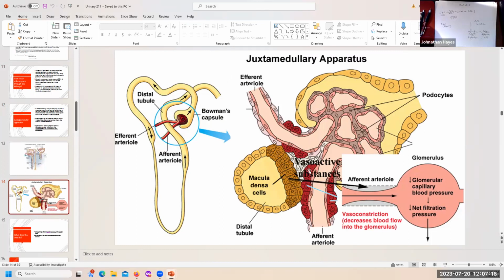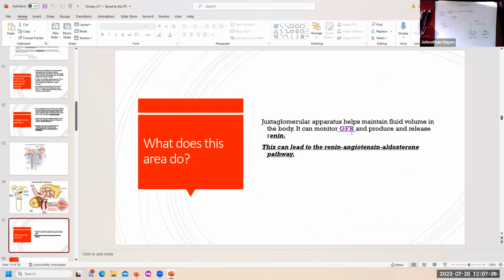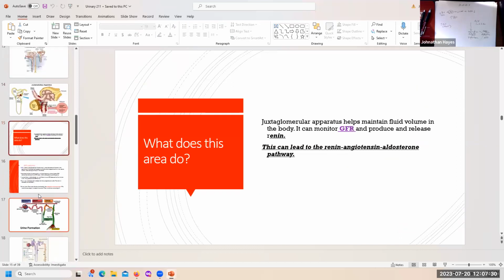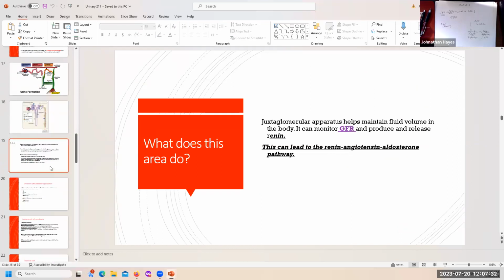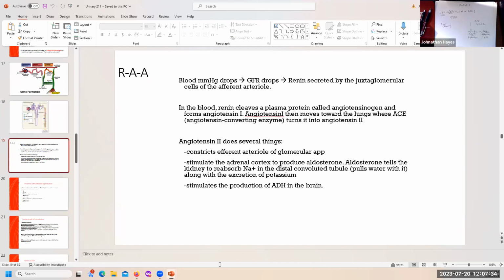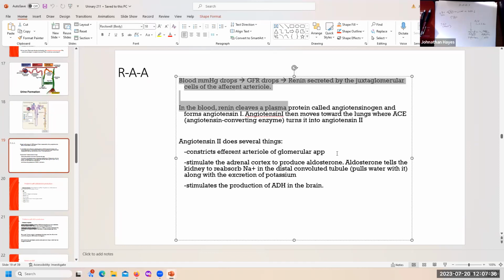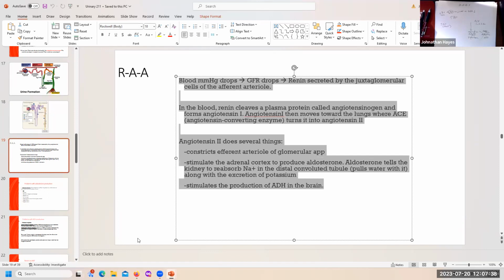Here's the macula densa, and here are your juxtaglomerular cells, monitoring GFR. If GFR ever goes down, then we're going to run the renin-angiotensin-aldosterone pathway. So that's right here, the same thing that we just wrote down.